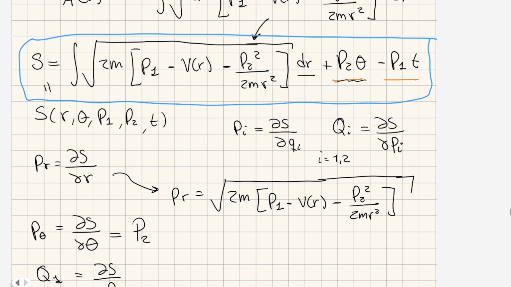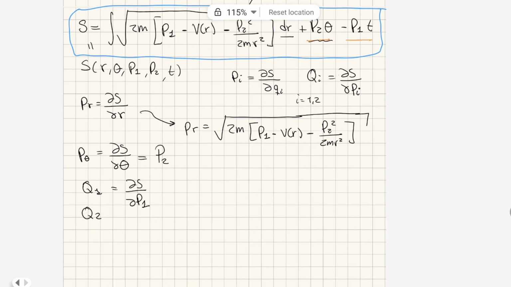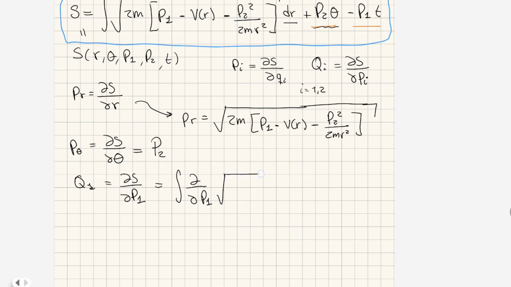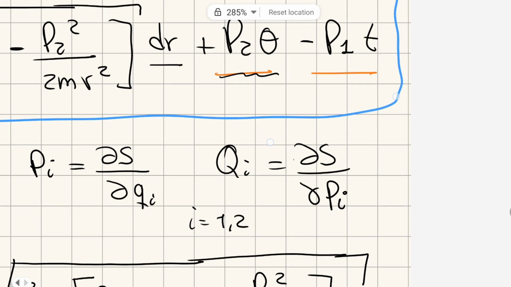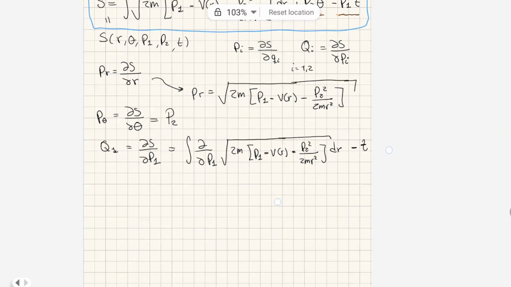To do that, we take the derivative of the integral, but we are going to switch those operators to get the integral of the derivative with respect to P1 of the square root of 2m that multiplies P1 minus b of r minus P2 squared divided by 2mr squared, dr, and then the derivative with respect to P1 of the other term, but that will be minus t. So we will get a minus t over here.